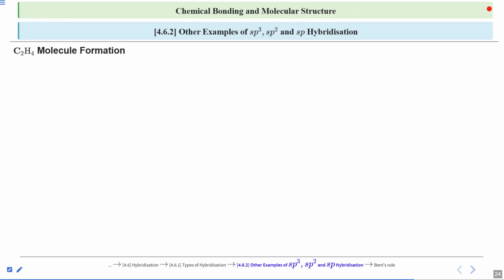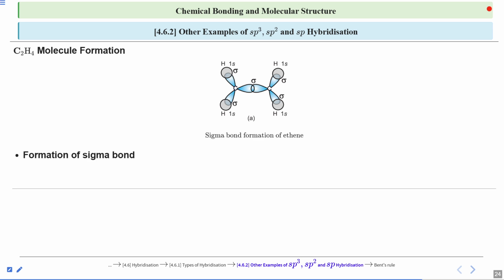Then what will happen in the next part? We know that both of our carbons are sp2 hybridized. Now this sp2 hybridized carbon will firstly do a head-on overlap with the other. So in the formation of the sigma bond, what will happen? The one carbon which is sp2 hybridized will overlap with the second carbon to form a sigma bond.